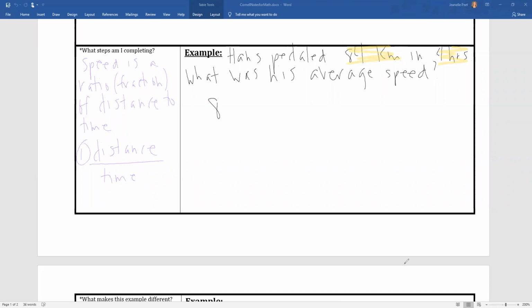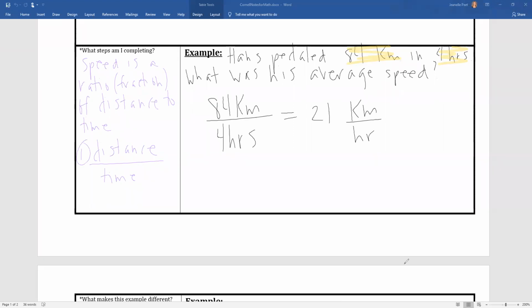My distance is 84 kilometers. My time is 4 hours. So again, using a calculator, I'm not testing your arithmetic on this. I want you to be able to understand the problems and know how to go about them. So my average speed is going to be 21 kilometers per hour. Okay.